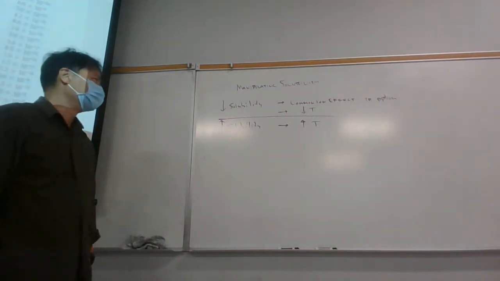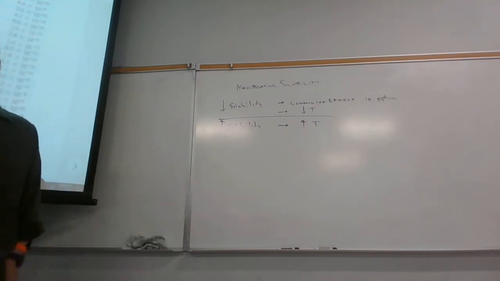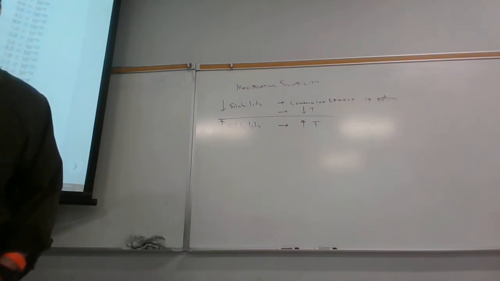Agitation. Mixing will help speed things up, but it is just a time issue. Eventually things will come to the same solubility regardless of whether you mix it or not. It just takes a lot longer if you don't mix it.